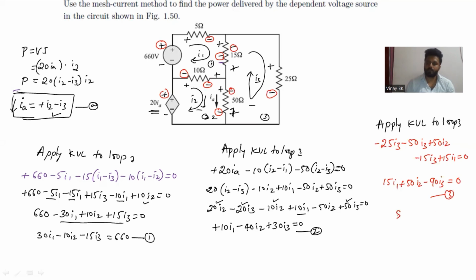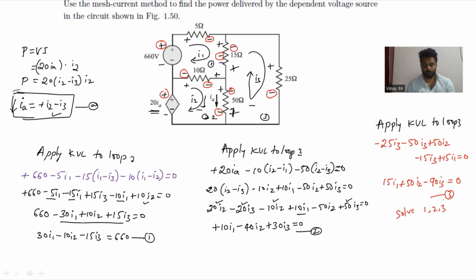Now solve equations 1, 2, 3 with the help of a calculator. Then you get the value of I2, and then you calculate the value of power. So A1 is 30, B1 is minus 10, C1 is minus 15, D1 is 660.